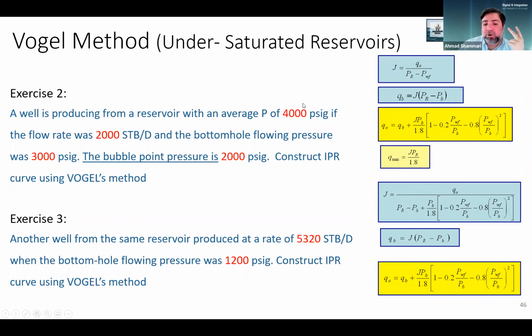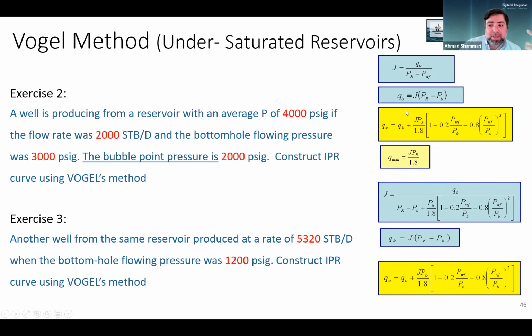P reservoir is 4,000, PB is 2,000. The difference is 2,000, multiplied by 2. So QB is 4,000. So I have now 2,000 and 4,000.